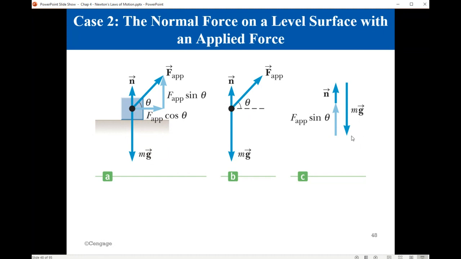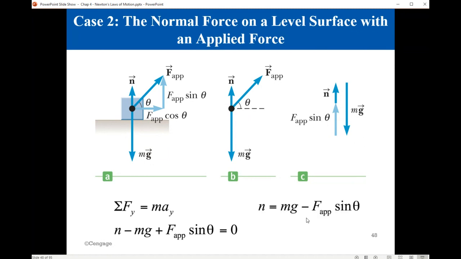That is to say, N plus F sine theta equals mg, right? So now the normal force, when you solve for N, is mg minus F sine theta. So N now is less than mg.